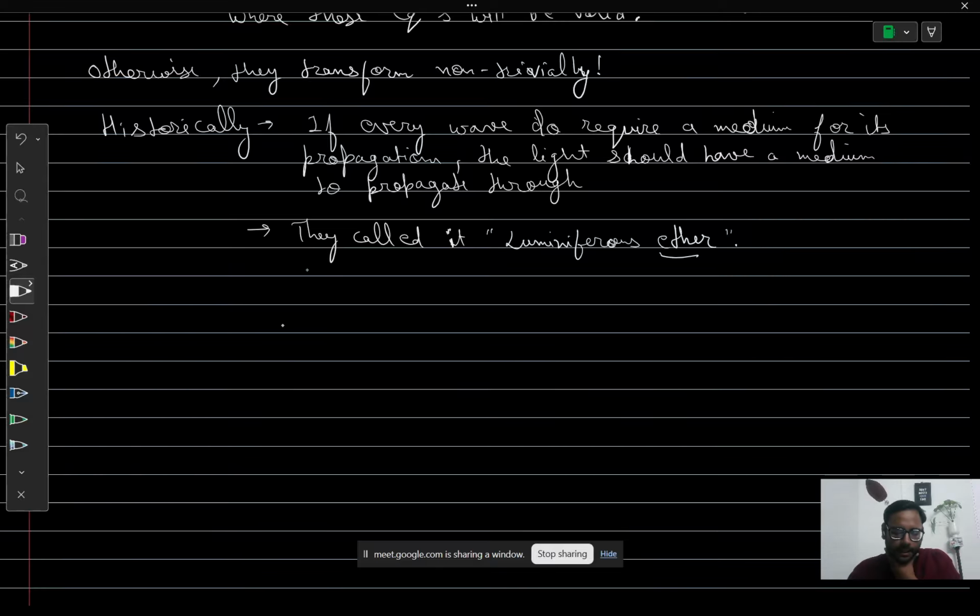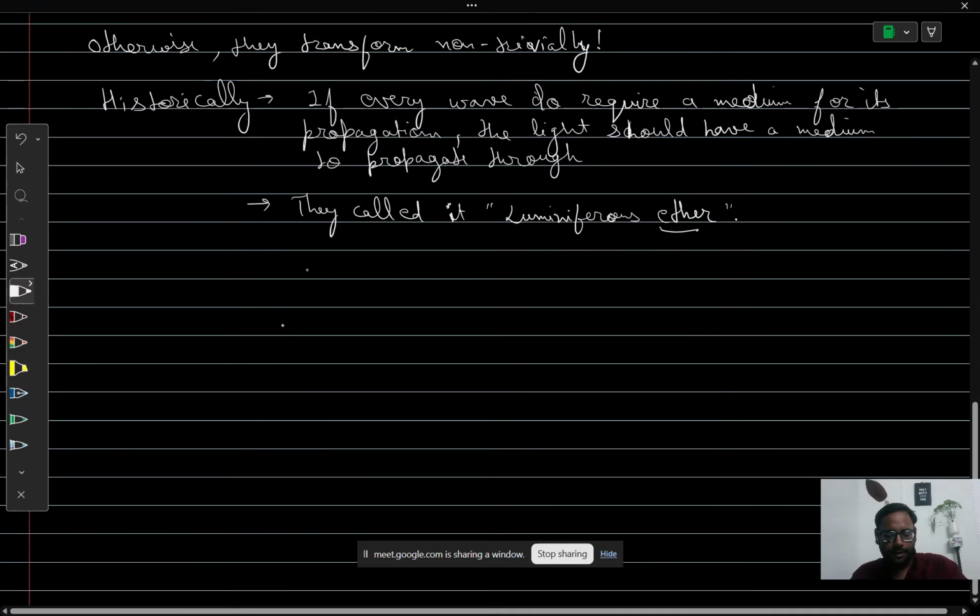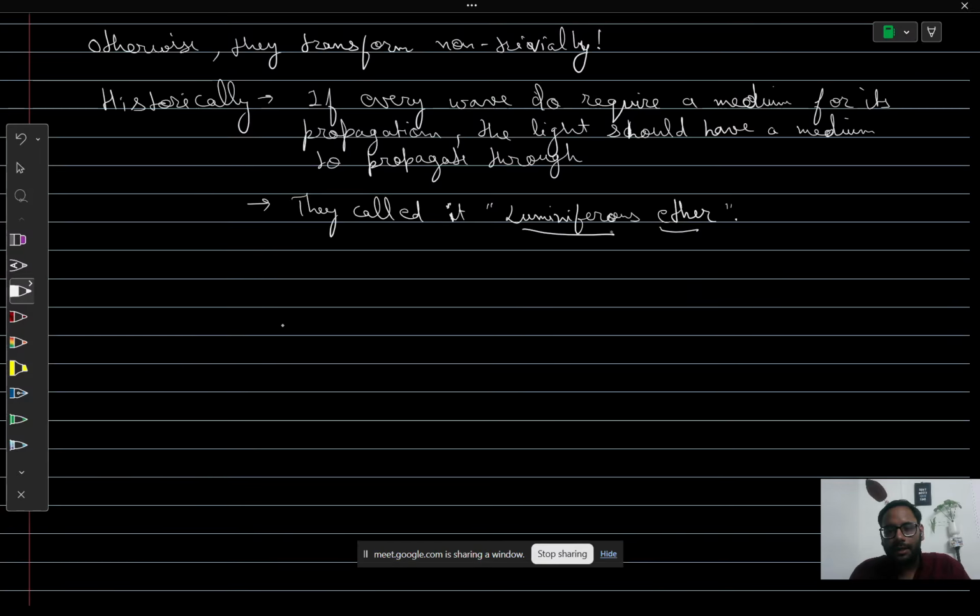In the late 19th century, after Maxwell's calculations that we did, it was understood that electromagnetic waves are a disturbance in this so-called luminiferous ether medium, and c, the speed of light, is the speed with respect to that ether.